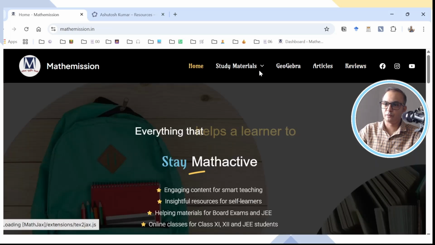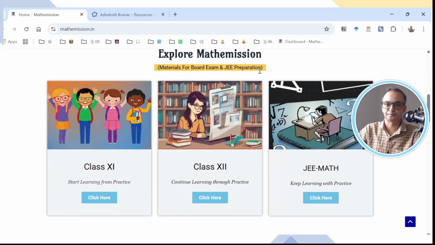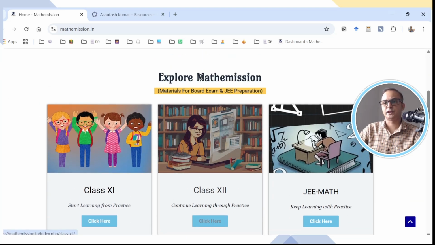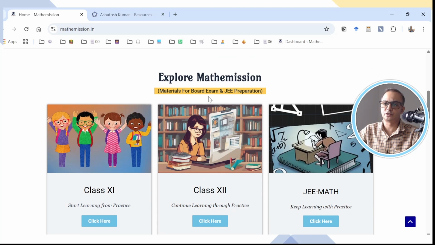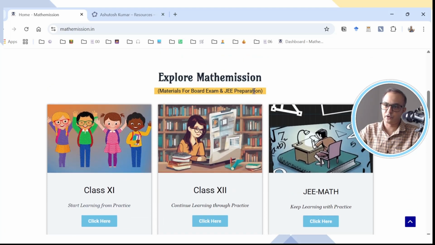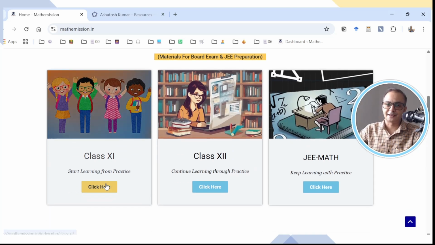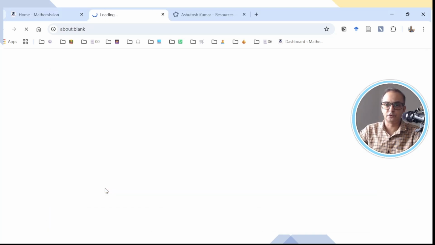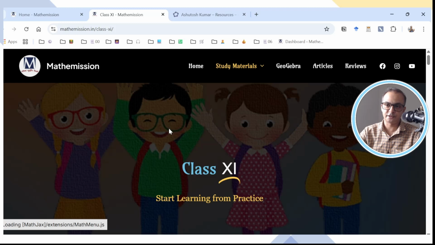So let's go to the home, and I will show you what I want to convey. So here, this is for the students who are preparing for the board examination or the JEE preparation. The class 11th, you go. So the students who are preparing for JEE Main, but they're still in class 11th.